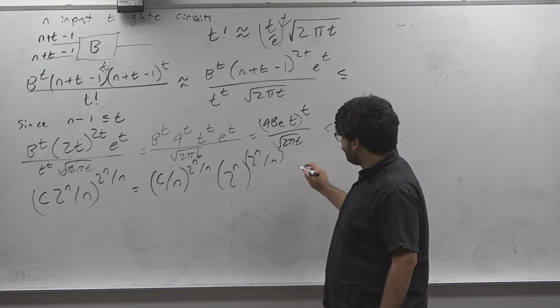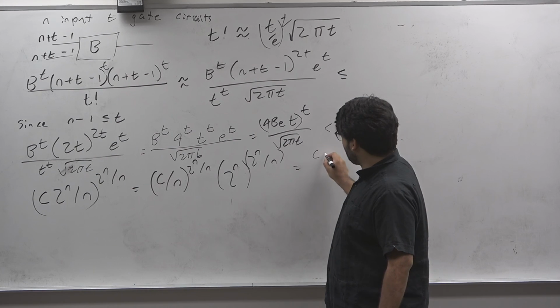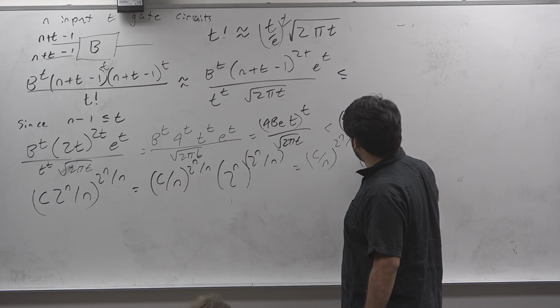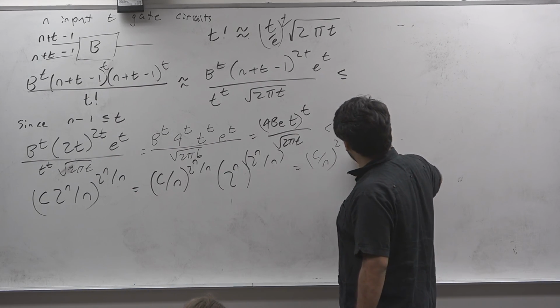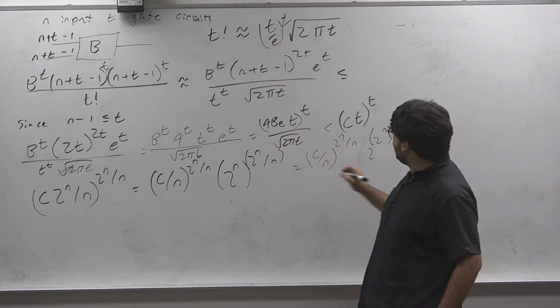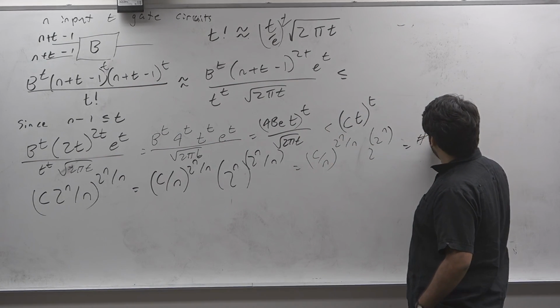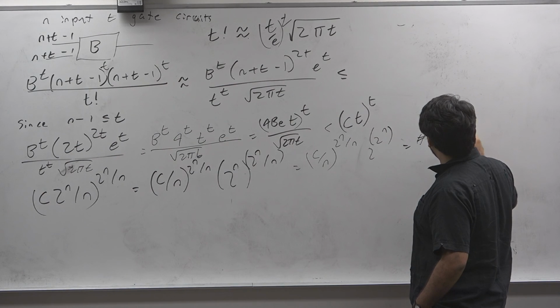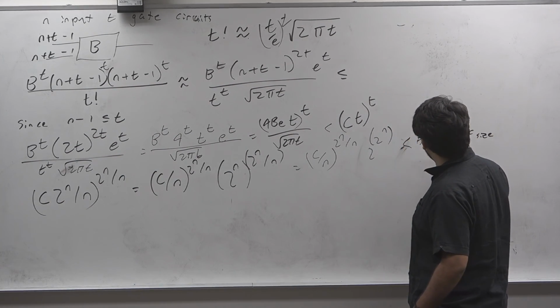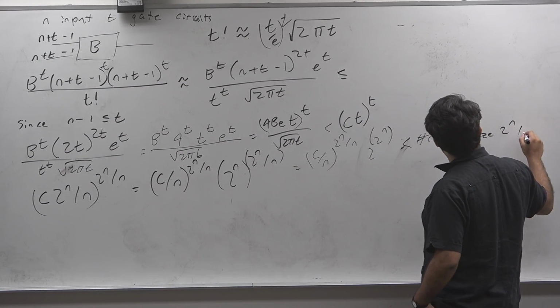So this is going to be c over n to the 2 to the n over n to the 2 to the n. That's the number of circuits of size 2 to the n over n, which was in fact less than or equal to that, right?